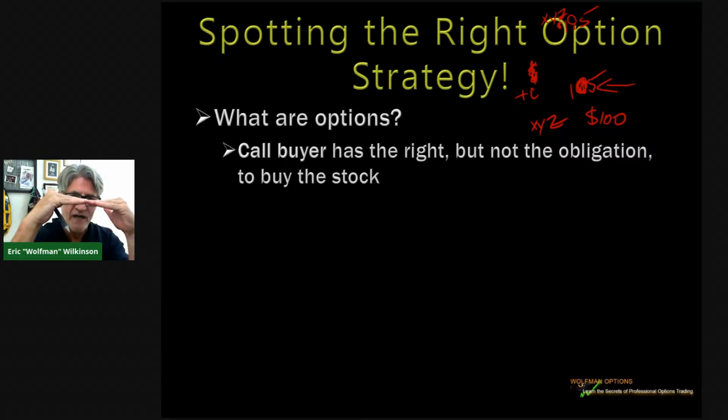Because the 105 strike has to reflect the value from 105 to 195. It can never be worth less than that $90. It has to include the difference there, all right?